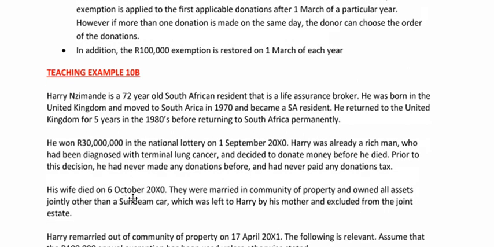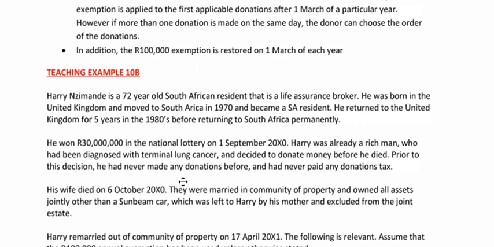It says his wife died on 6 October 20x0. They were married in community of property. So up till 6 October 20x0, it will be half his donation, half hers for all joint assets. And they owned all assets jointly other than a Sunbeam car, which was left to Harry by his mother and excluded from the joint estate.